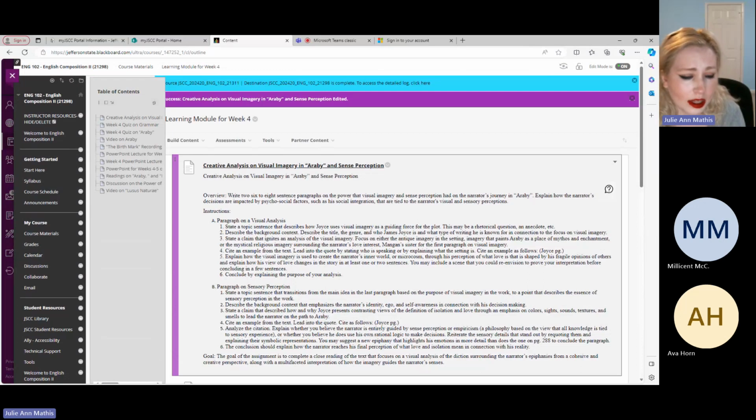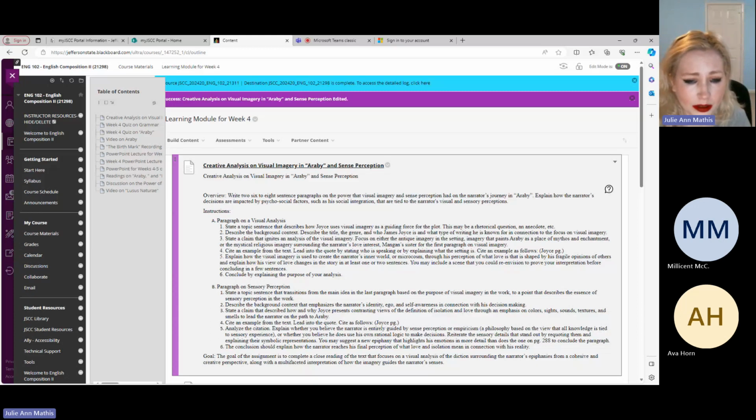His love interest, that imagery that we read. Cite an example from the text, and then you want to lead into the quote and cite Joyce in the page. Then explain how the visual imagery is used to create the narrator's inner world or microcosm through his perception. And then explain how his view of love changes in at least one or two sentences too. And then you just conclude by summing up the main point.